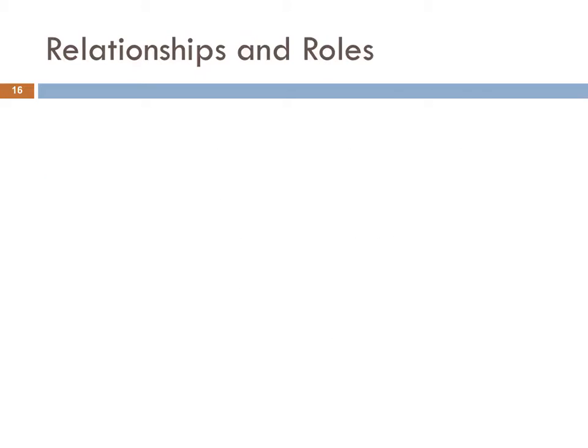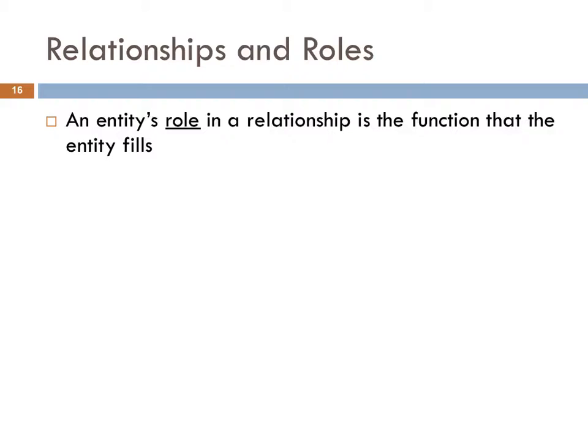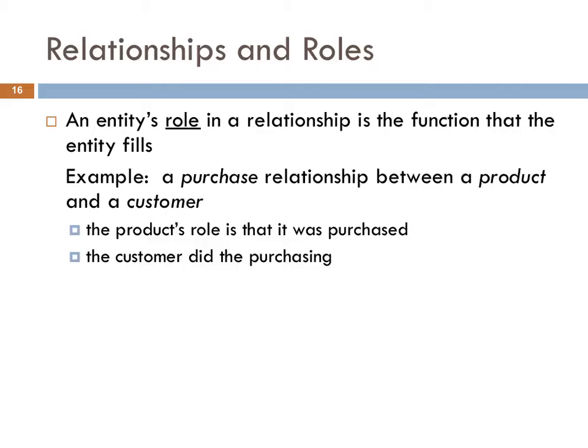Okay? All right. You have roles. So what is the role in the relationship? Well, the main reason that this is important is that rarely, for the entities participating in a relationship, the role is not entirely obvious. So a purchase relationship between a product and a customer. Okay? So-and-so bought this thing.